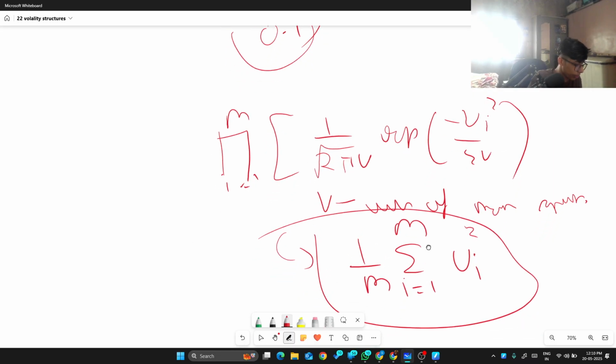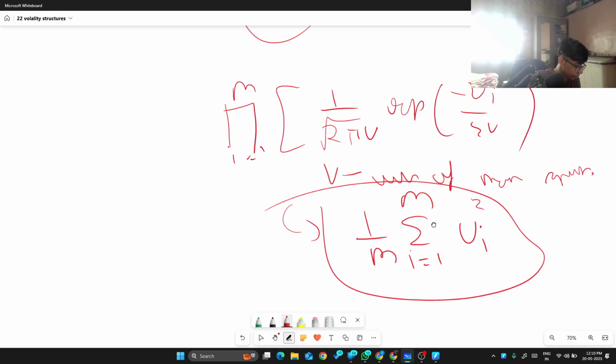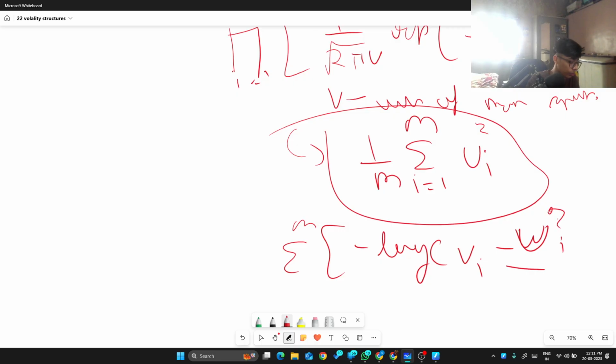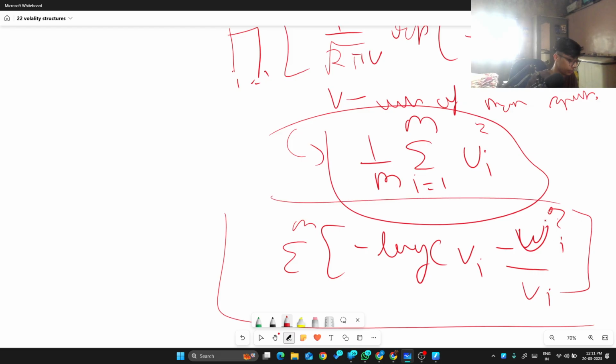And how to find the maximum likelihood parameter? Our expression is this, right? We have to maximize this, u_i squared upon v_i. So our goal is to maximize this. Let me show you.